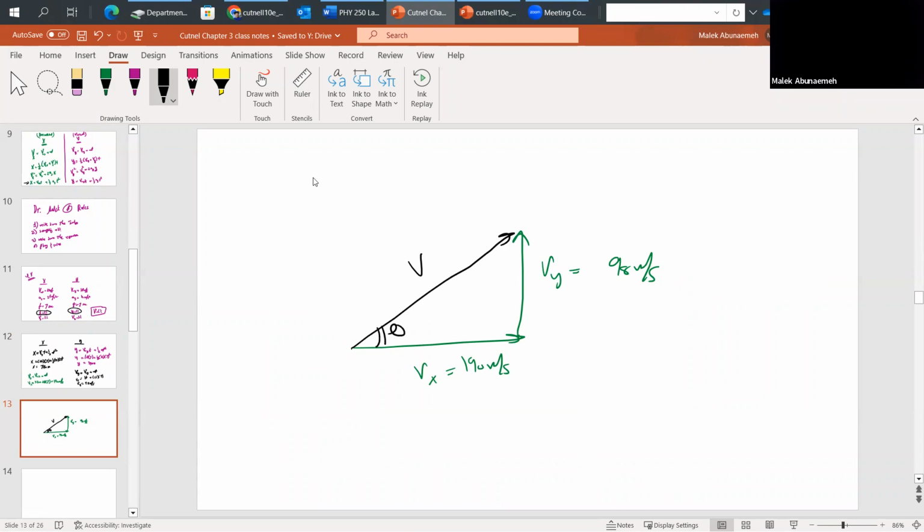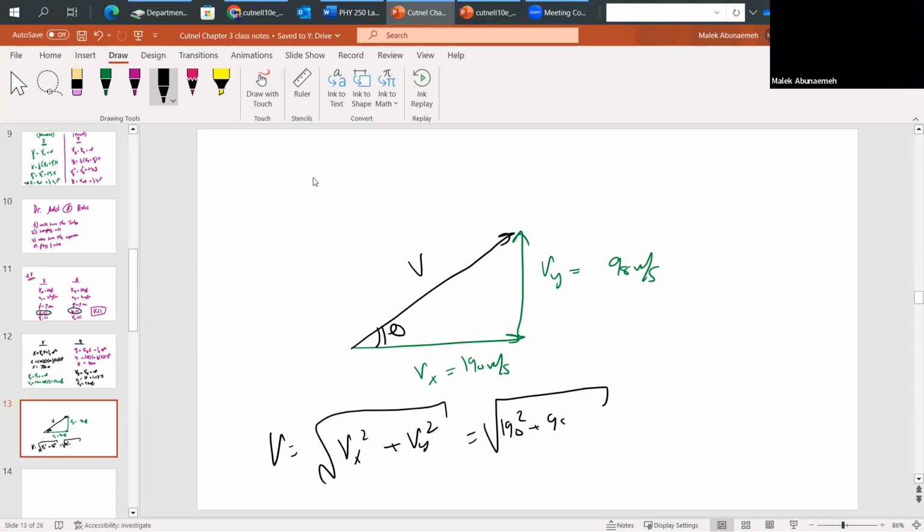Now, your final velocity, and then we need to find that at the v direction, you use the Pythagorean theorem, which is going to equal the square root of your v of x squared plus v of y squared. Which is 190 meters squared plus 98 meters squared, which you should get 210 meters per second.